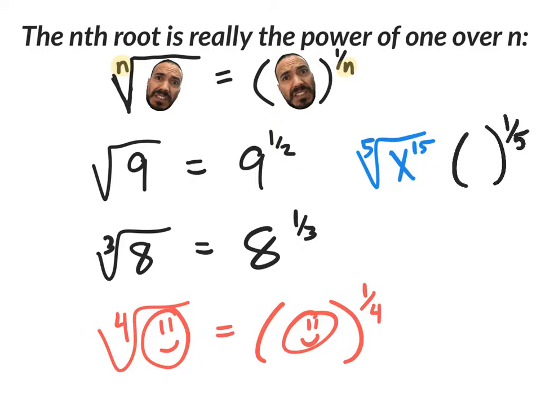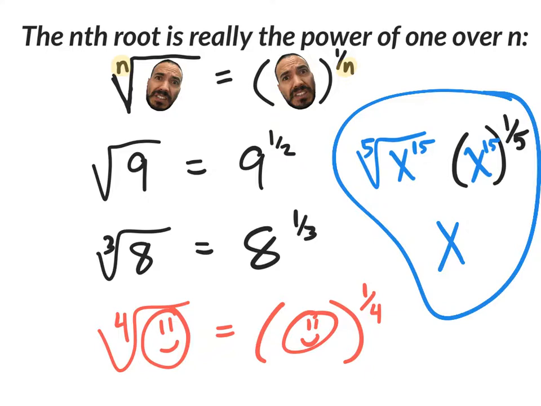You'll be able to take that x to the 15th and put it in there and then multiply power to a power. So when you have a 5th root, it becomes to the power of 1/5. That means you want this exponent to be divisible by 5. And it is. So what's your answer going to be? X to the 3rd power, because 15 divided by 5 is 3.